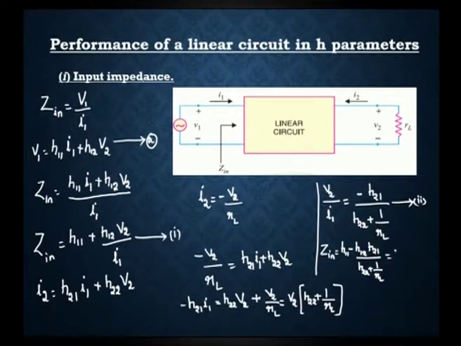So the same becomes Zin equal to HIE minus HRE HFE divided by HOE plus 1 by RL. This expression, Zin, is the input impedance of a transistor.